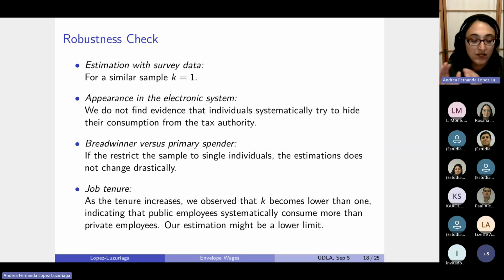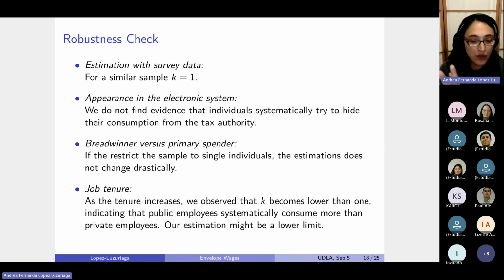So basically what we do is restrict the sample to individuals with older tenure in both sectors. What happens here is that people who have been working for a long time in the private sector are people who are working for big companies.